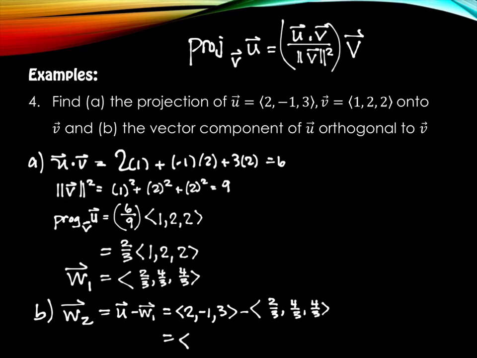Okay. 2 minus 2/3 is 4/3. Negative 1 minus 4/3 is negative 7/3. And then 3 minus 4/3 is 9/3 minus 4/3, 5/3. Yep, 5/3. So this one would be W2.